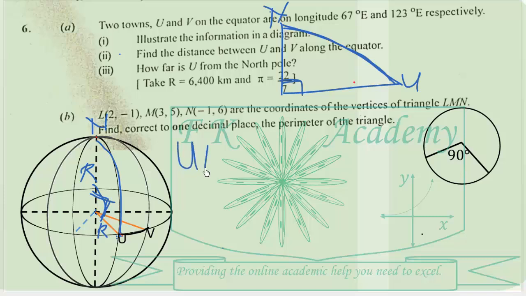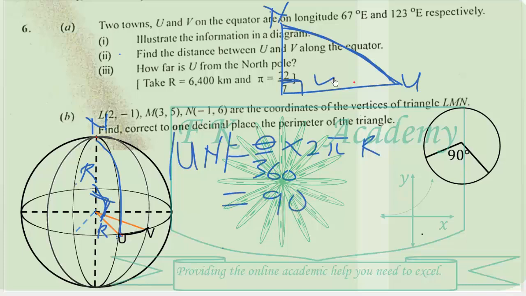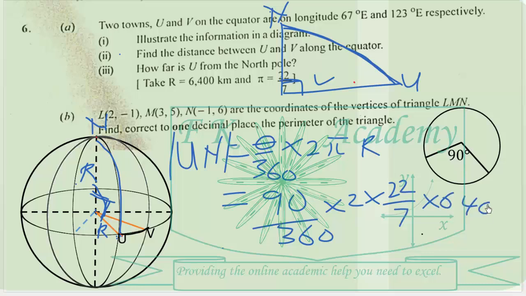UN is equal to, the distance from U to N will be equal to theta over 360 times 2 pi r. So the r is 6,400 and the theta this time is 90. So 90 over 360 times 2 times 22 over 7 times 6,400.